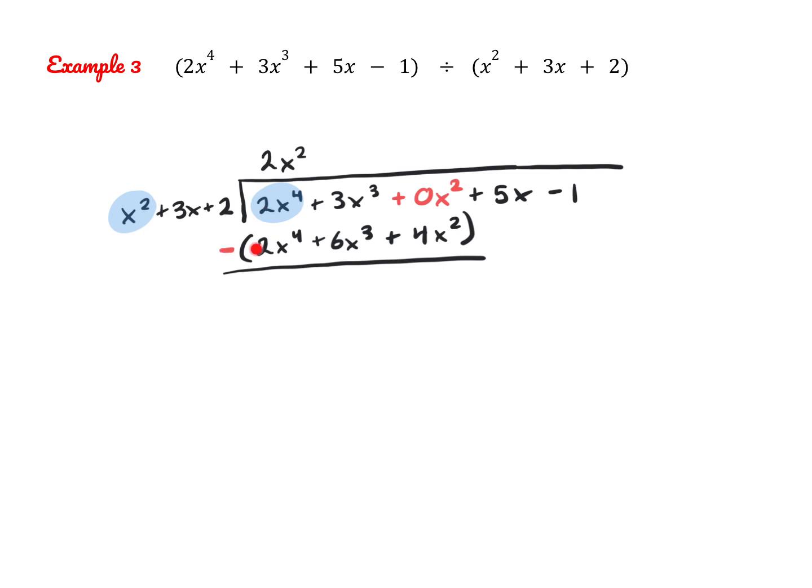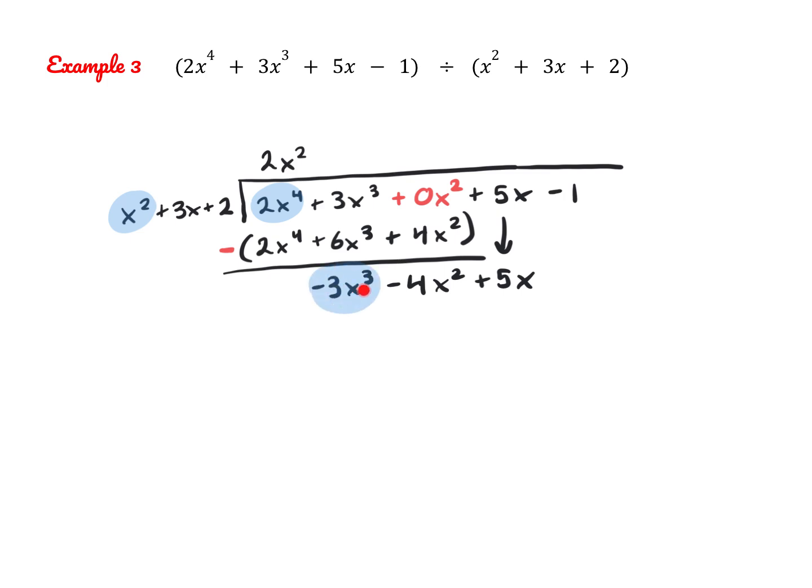We have 2 minus 2, so 0x squared. Here we have 3 minus 6, so negative 3x cubed. 0 minus 4, so negative 4x squared, and then bring down the 5x. Let's do it again.